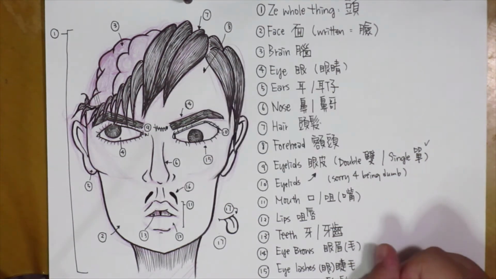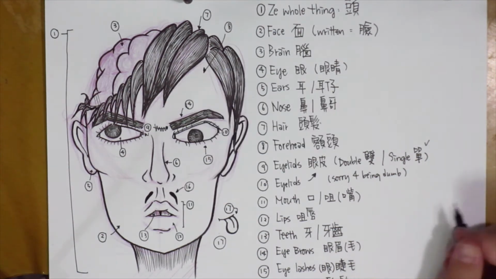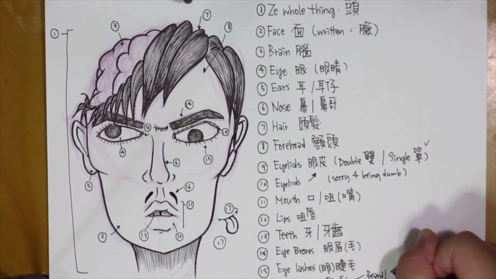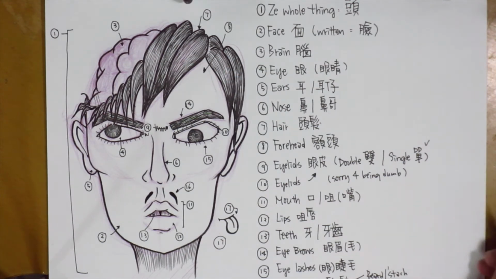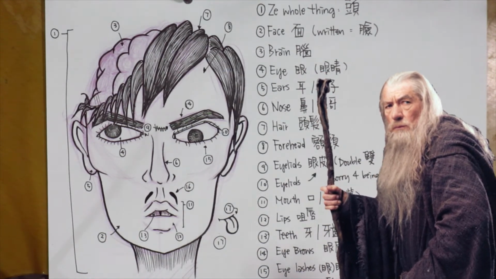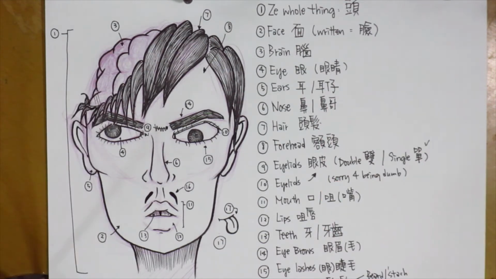I don't know if it's a fun fact or not, whether it is a beard or, I don't know, stash. All kinds of facial hair is called wu shou. You know, from Gandalf's great beard to, I don't know, Hitler's mustache, they are all called wu shou. Enough of the facial hair.